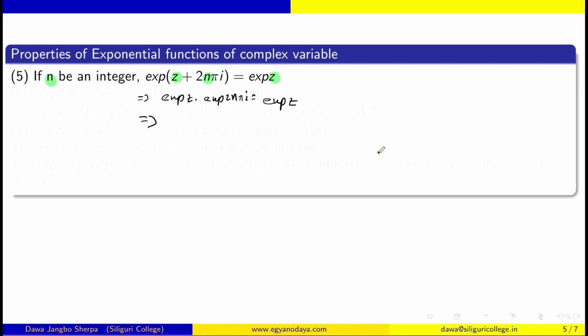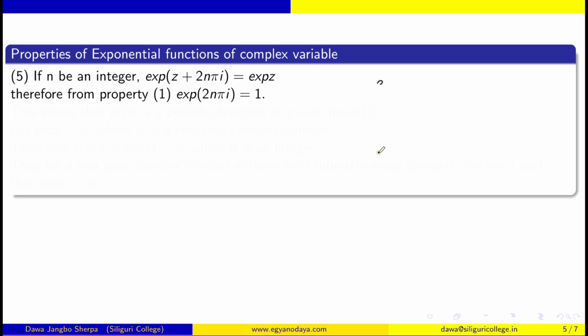This implies exp 2nπi is equal to 1, because exp z and exp z get cancelled. So by property 1, exp 2nπi is equal to 1.